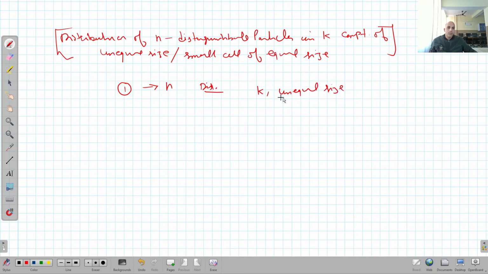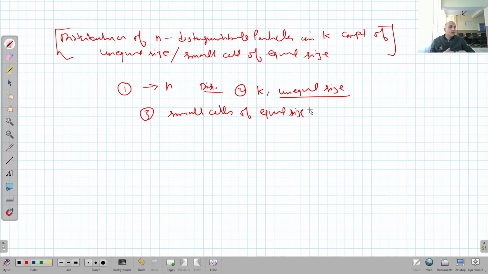The third condition is all these compartments are further divided into small cells of equal size.